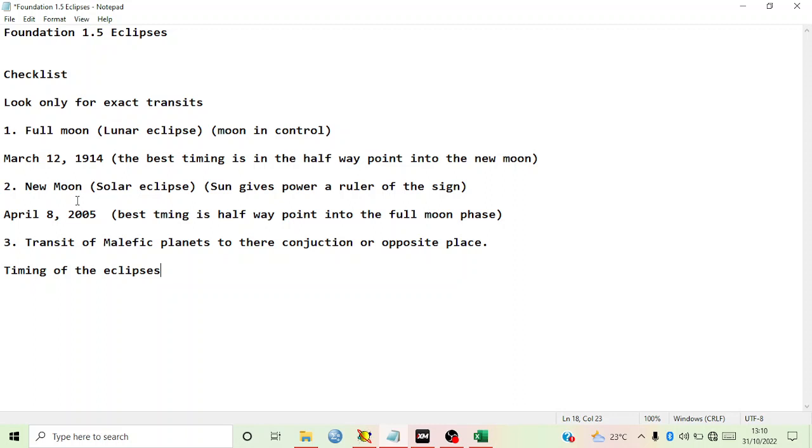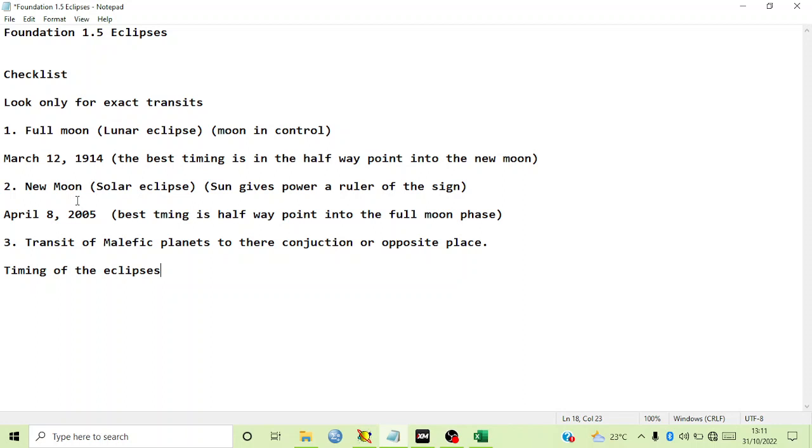However, what is generally accepted is that when the transits of the malefic planets are made in conjunction to that solar eclipse or lunar eclipse position, or their opposites, that's when we're supposed to assess the effects, and they should last for about 4 years.